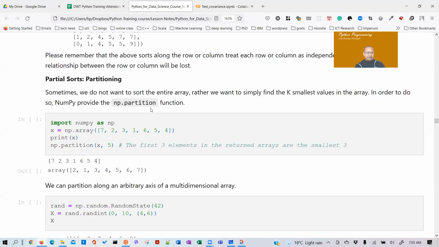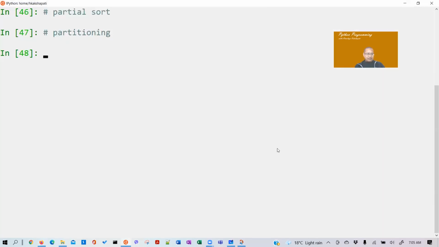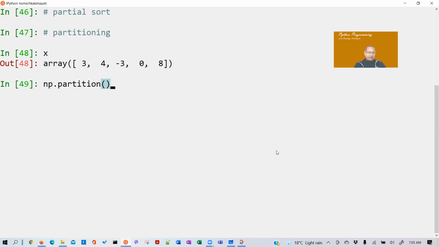Okay, so now what we can do is use the same x from before. So I have this x, right, which is unsorted. So if I do np dot partition, अनि मैले x दिएँ अनि मैले say 2 दिएँ, okay?